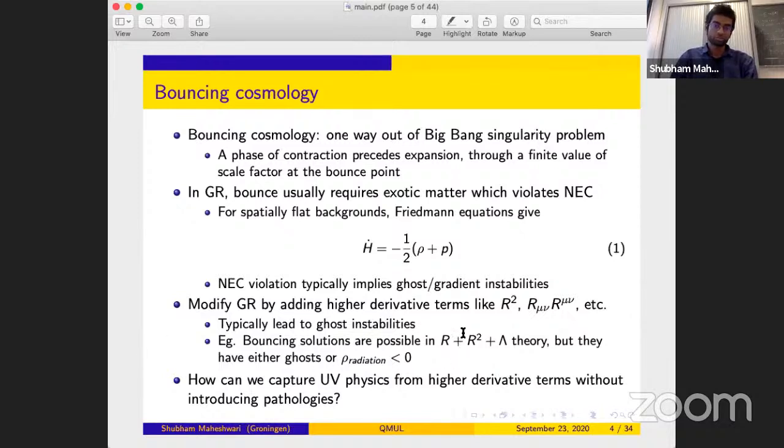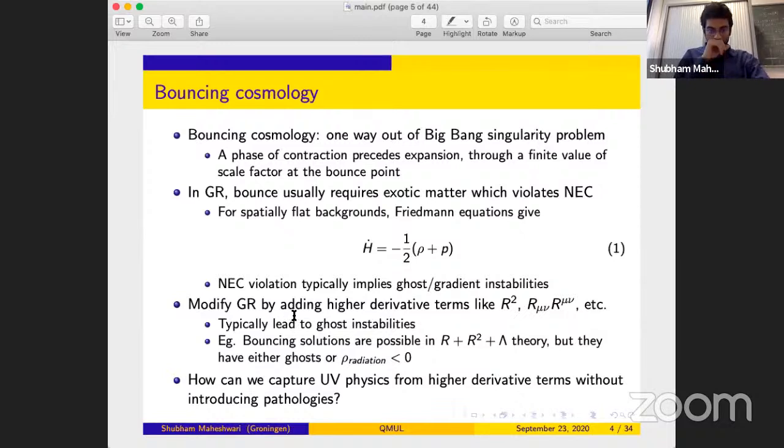You will have a coefficient here in front of R squared. So either this coefficient is negative, which means you will have a ghost scalar mode, or you will have radiation energy density which is negative. In whichever way you choose, you will have an instability in the theories, which is what we do not want. So again, the upshot is: how can we capture UV physics from high derivative terms without introducing pathologies?